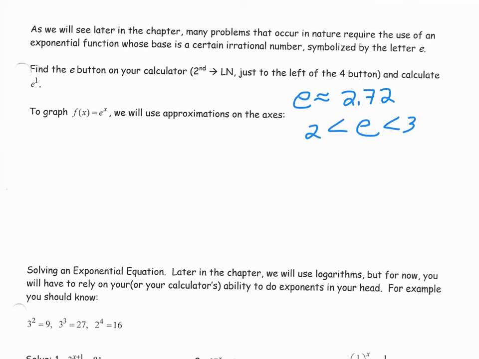So when we go to graph it, we're going to sketch it just like we did those first few examples where it was 2 to the x. Just think of it as 2 to the x. Same idea. If I have to graph e to the x, let's start. First of all, anything to the 0 is 1. So that same point holds true. Now, first power. If I said what's e to the first, you should say e.